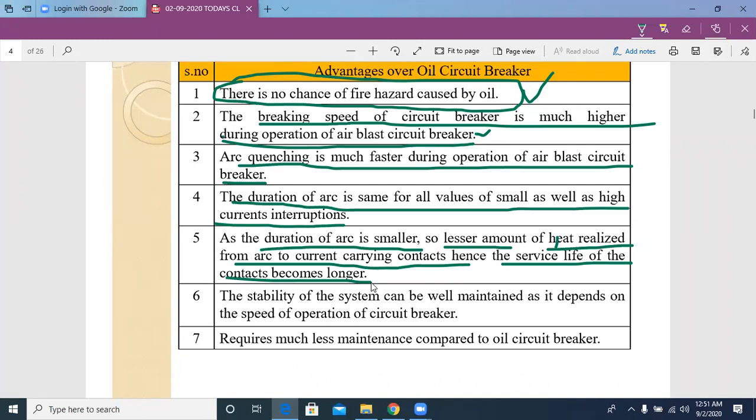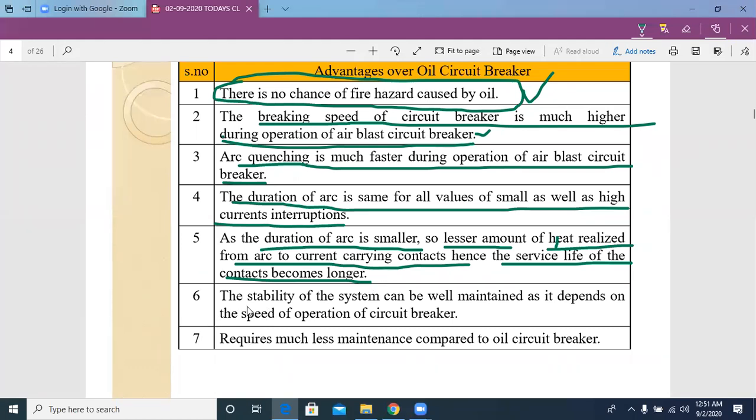In an oil circuit breaker, the disadvantage is that operation time is more, so the life of the circuit breaker is also low. But in an air blast circuit breaker, the operation time is low, so we can run the circuit breaker for more time. That means life is much higher compared to oil circuit breaker. That is one more advantage.